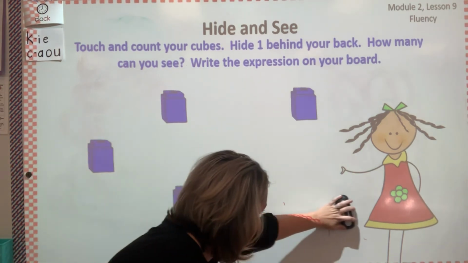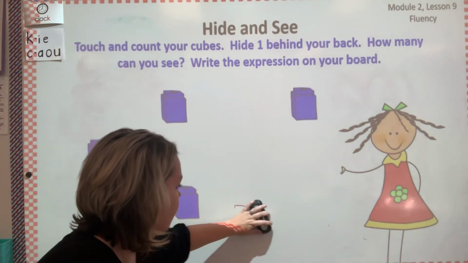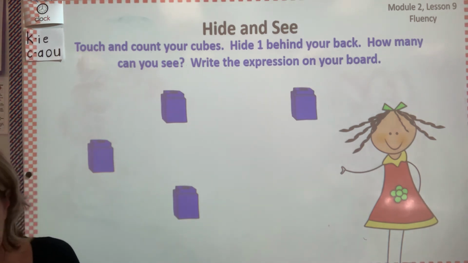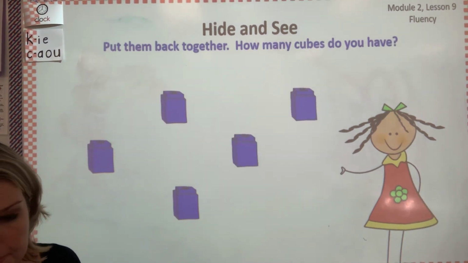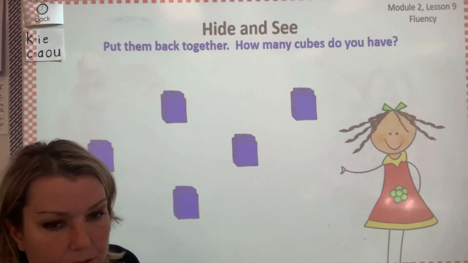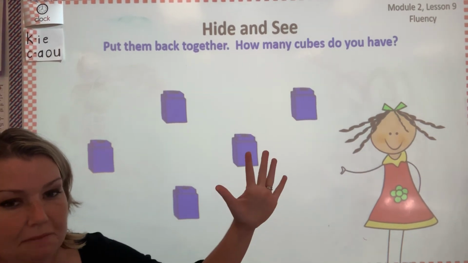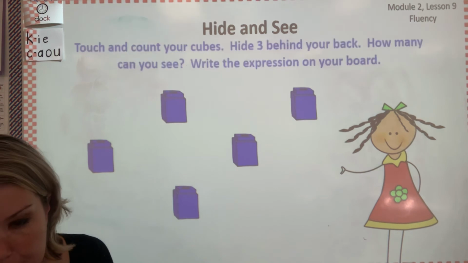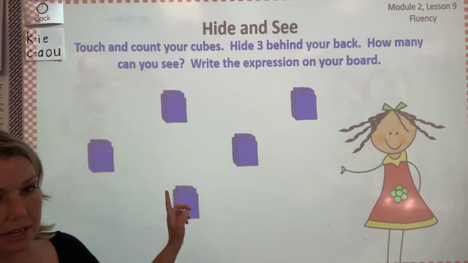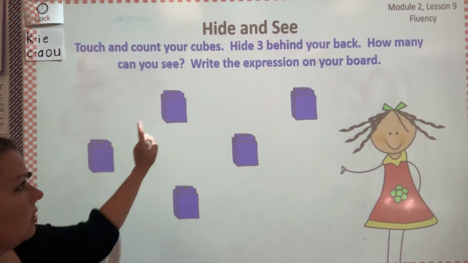Okay. We put them back together. How many do we have when we put them back together? 5 again. Very good.